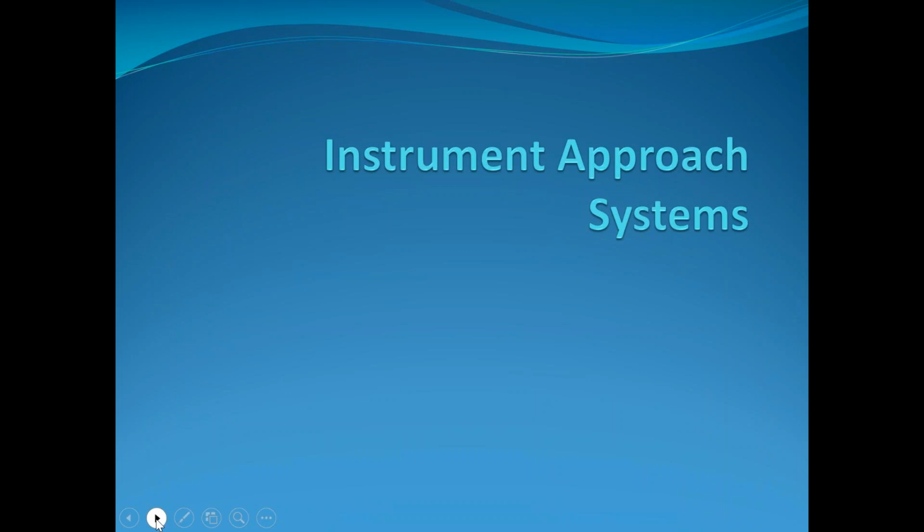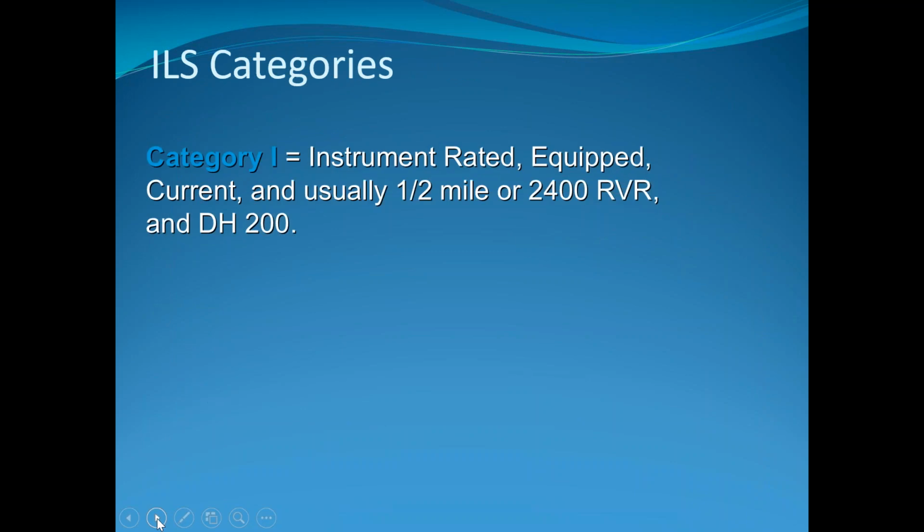Instrument approach systems. The first one we're going to look at is ILS. ILS stands for Instrument Landing System. When you look at ILSs, there are three different categories: Category 1, Category 2, and Category 3.